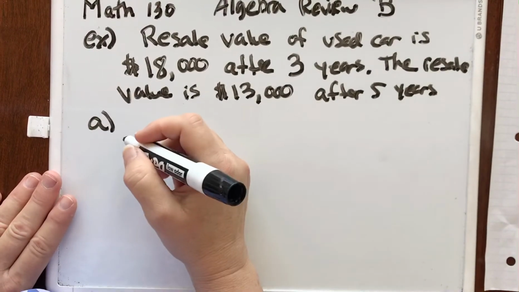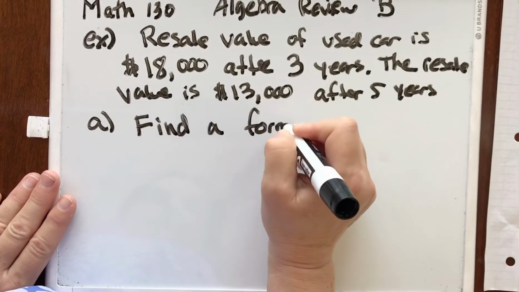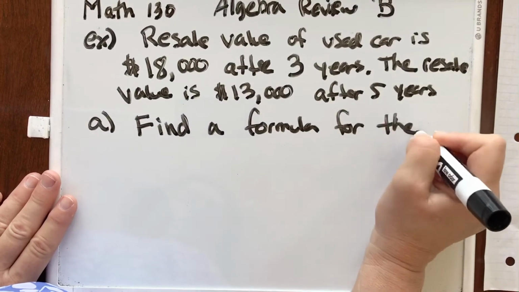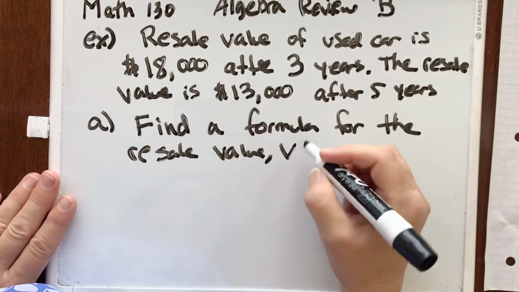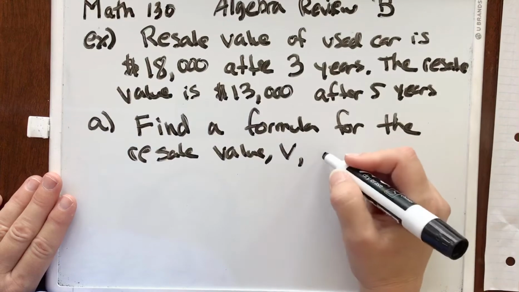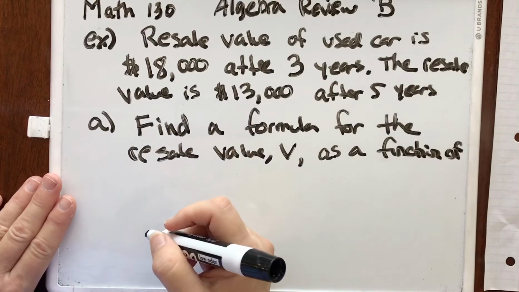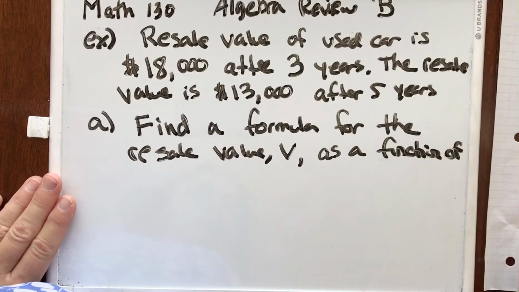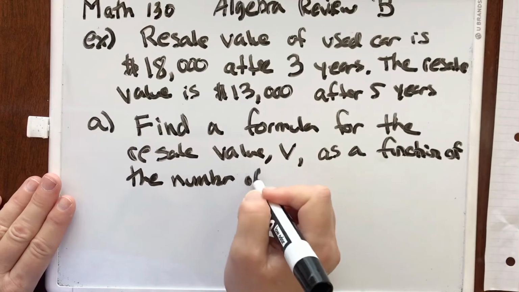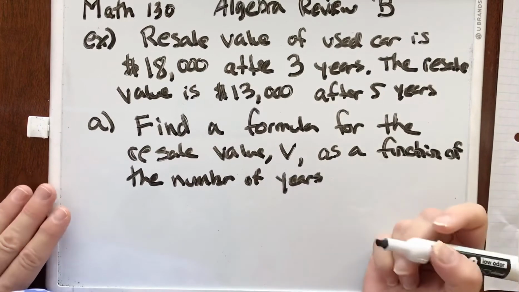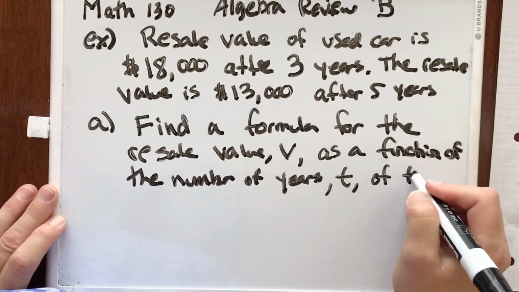Letter A. Find a formula for the resale value, which we're going to call V, as a function of the number of years, let's call that T, the age of the car.